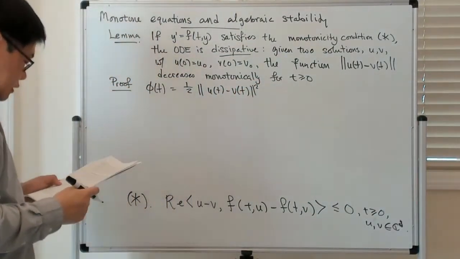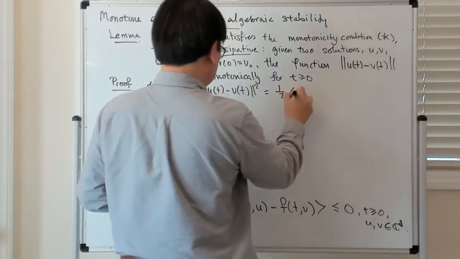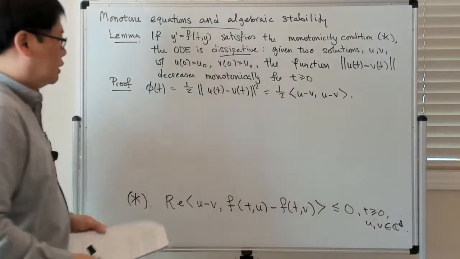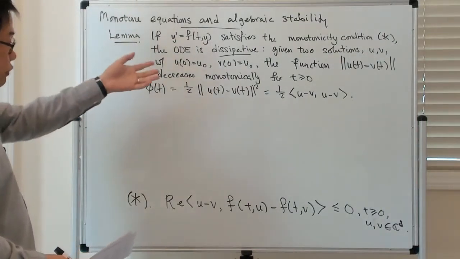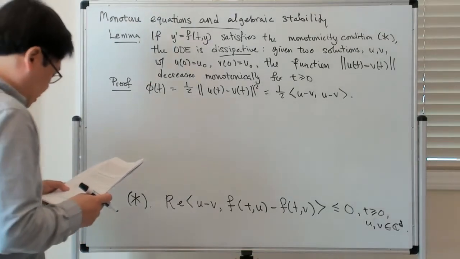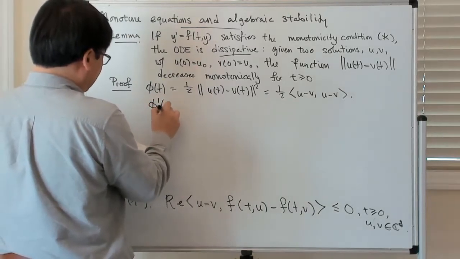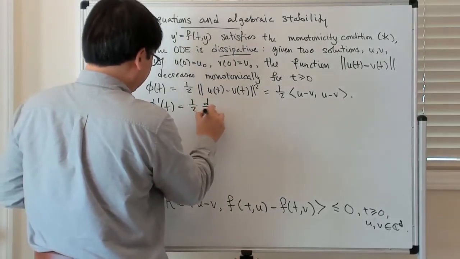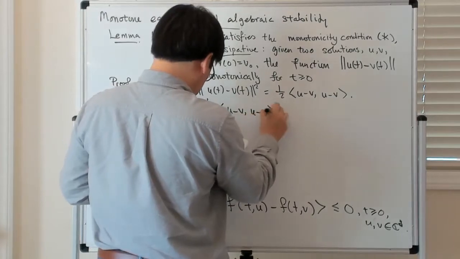Of course this is nothing more than 1/2 the inner product of u minus v with itself, which is just the definition of how the norm is related to the inner product if it's the induced norm. If we differentiate this function, this is just 1/2 the time derivative of the inner product of u minus v with u minus v.